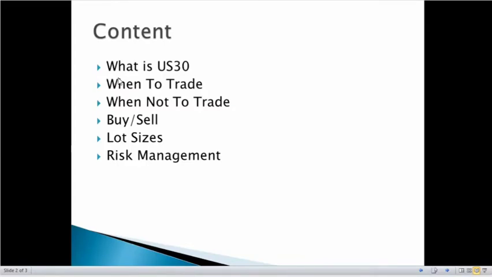So basically it's made up of the largest companies in the US, like Microsoft, Amazon, Cisco, those big companies. So when you're trading US30, you're trading the combination of those stocks or those companies.